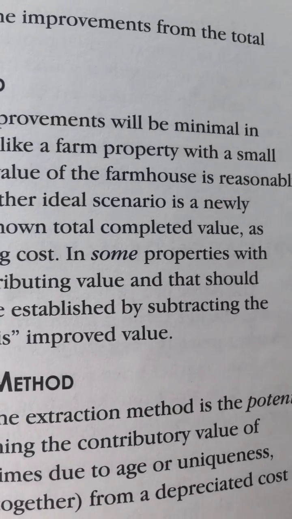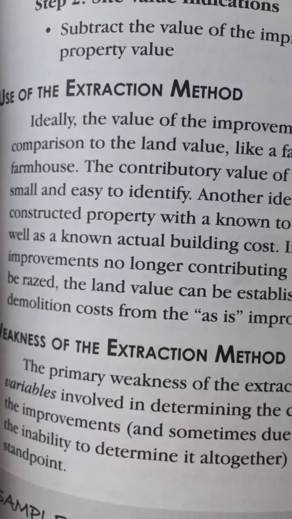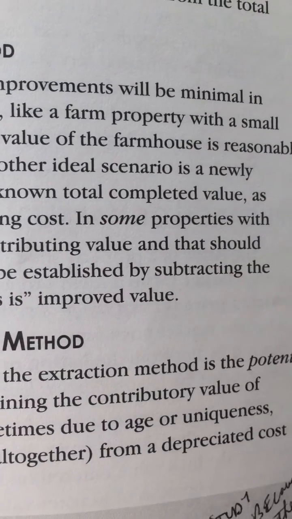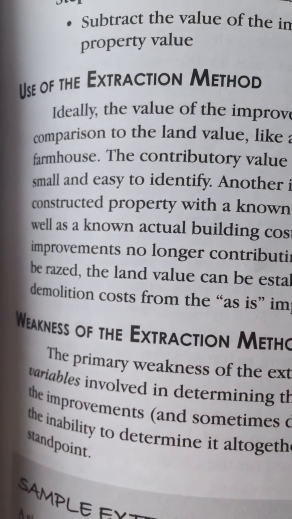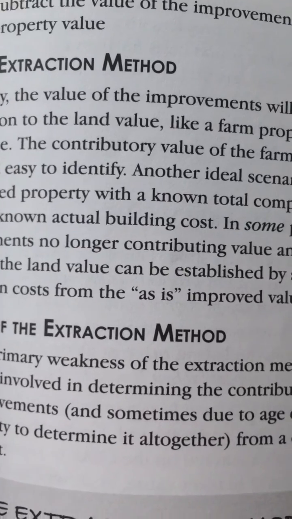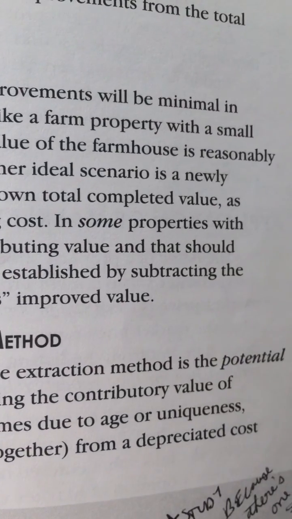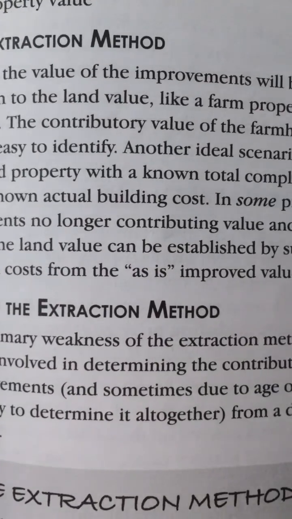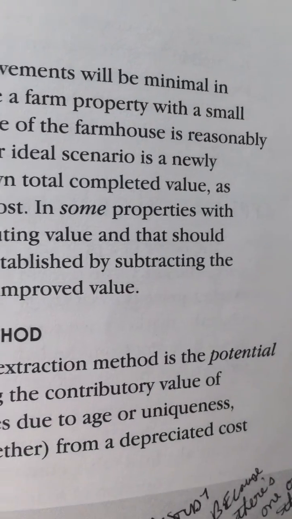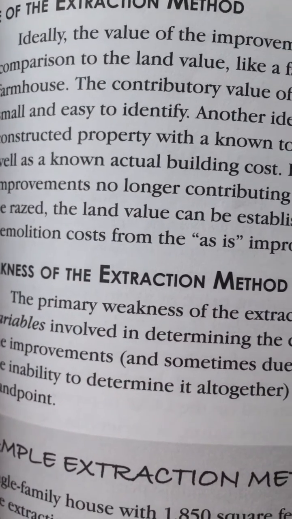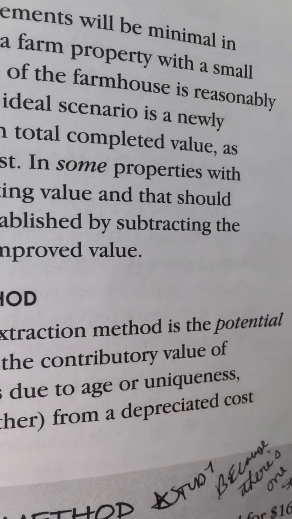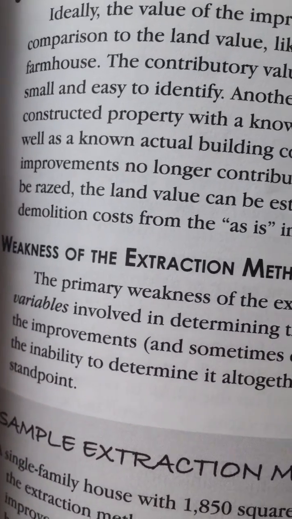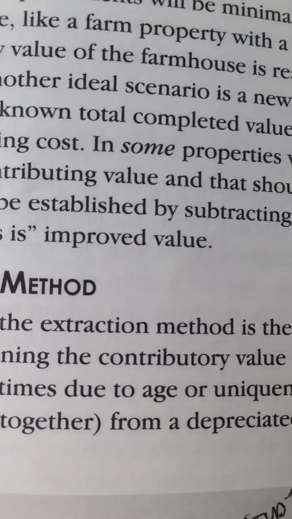Another ideal scenario is a newly constructed property with a known total completed value, as well as a known actual building costs. In some properties, with improvements no longer contributing value that should be raised, the land value can be established by subtracting the demolition costs from the as-is improved value.